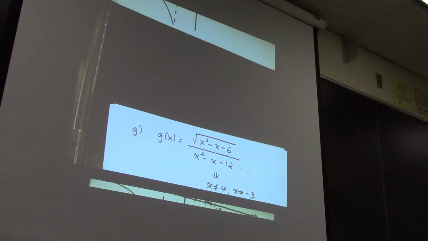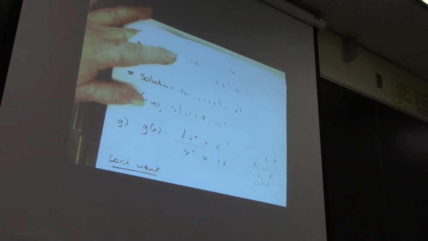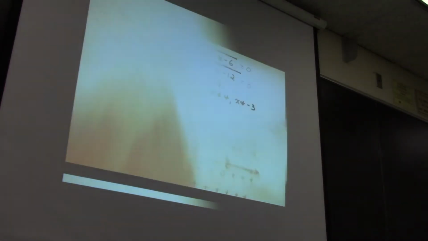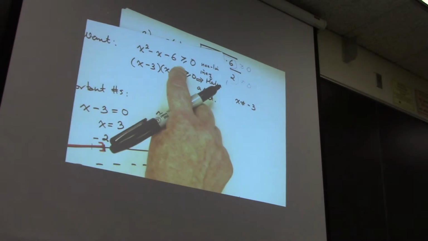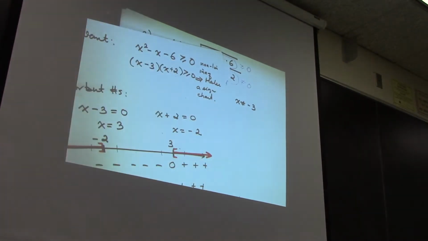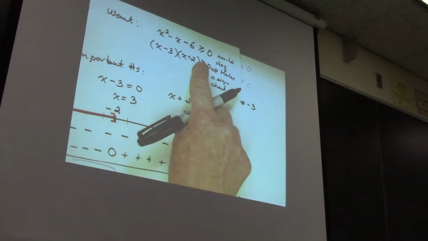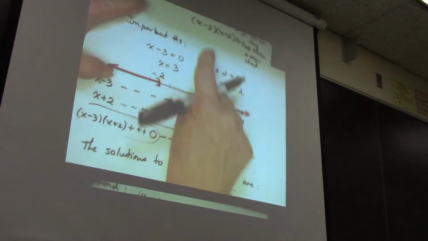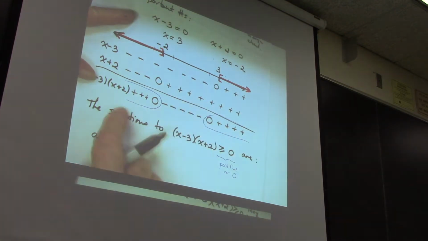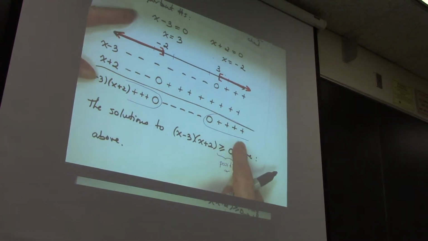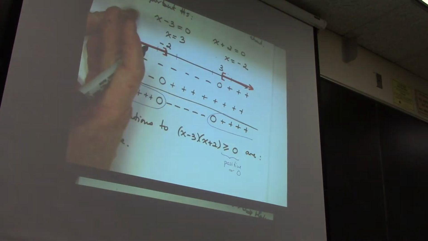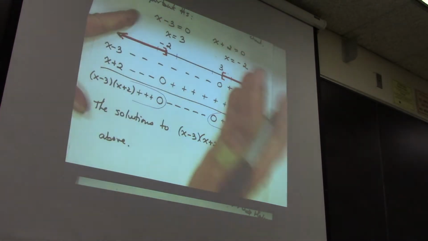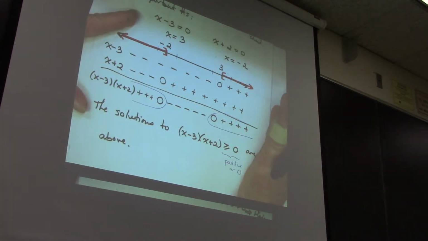And then from the square root, by setting what's under the square root greater than or equal to 0, which was a quadratic, i.e. a nonlinear inequality, we had to solve it by making a sign chart. We got the x's to the left of negative 2, the x's to the right of 3.